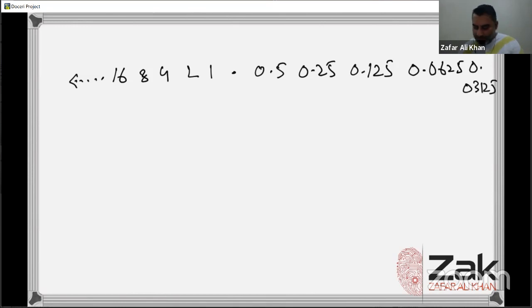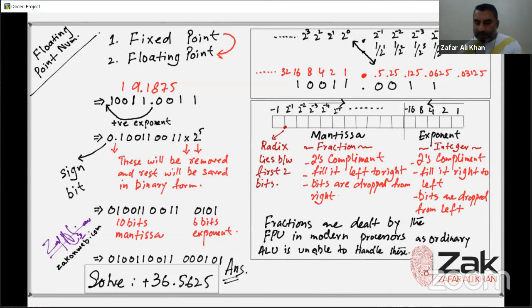As we know, as you would have already seen, the point is fixed between the first two bits of the mantissa. We also call it radix. So radix lies between the first two bits. It is fixed between the first two bits. Why? We will discuss about it shortly.